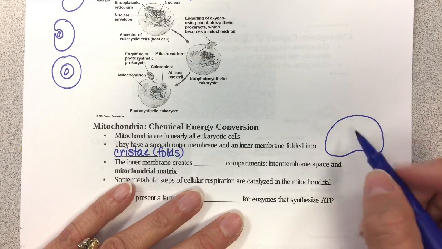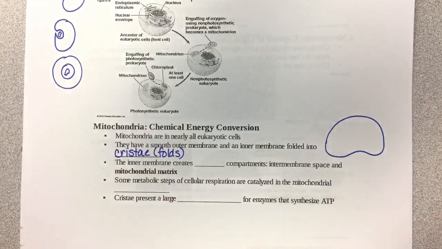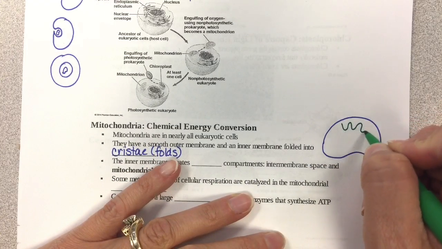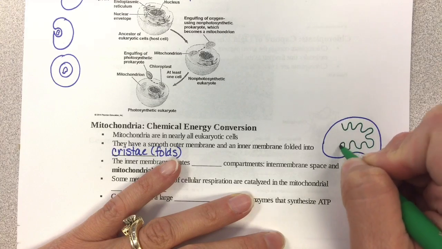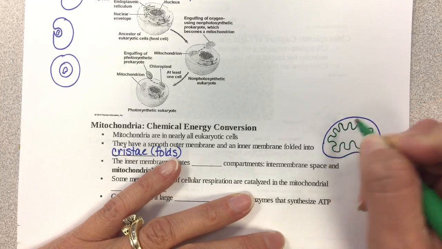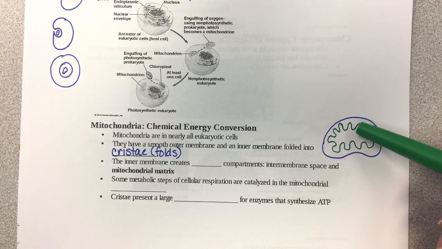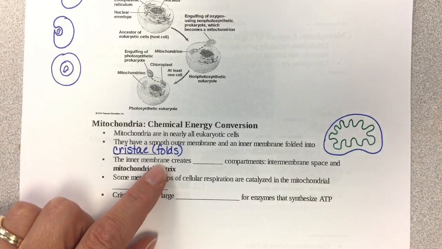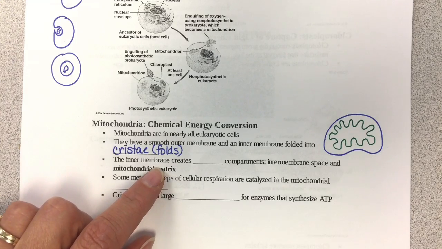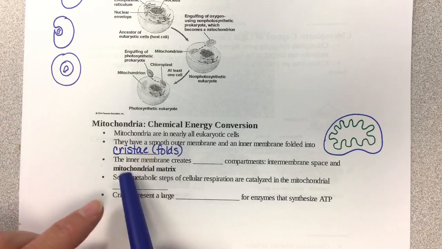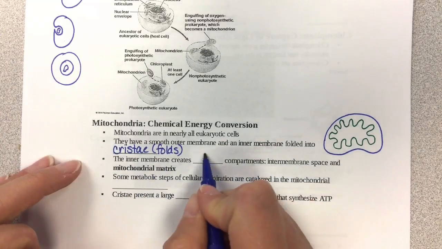So that's your outer membrane. And then your inner membrane's right inside of that, but it's folded. And so we have our outer and our inner membrane. The folds are called cristae. So what this does is create two compartments. So it says the inner membrane creates two compartments.